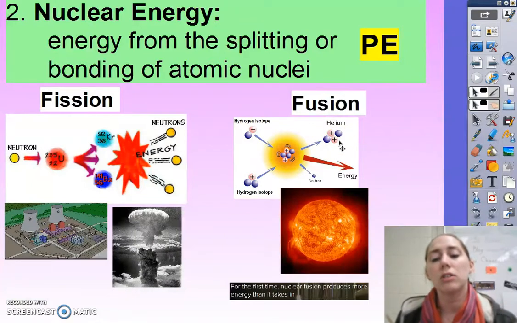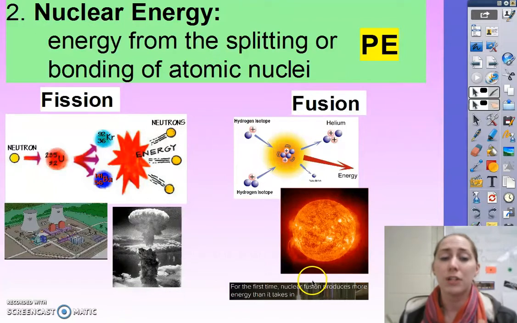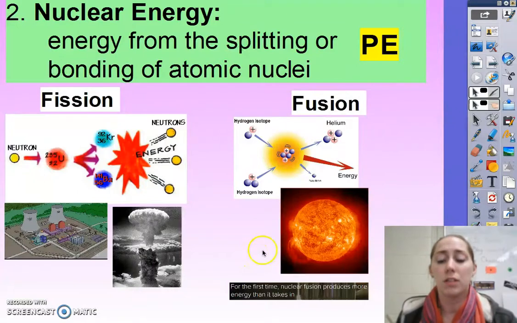And so until 2014, it took more energy to cause fusion to happen than what the fusion produced, which is inefficient. But in 2014, we finally were able, for the first time ever, to have a nuclear fusion reaction produce more energy than we had to put in to get it going. So that's very exciting. So in your lifetime, you may have such a thing as nuclear fusion, which could completely change the energy game of the entire world.